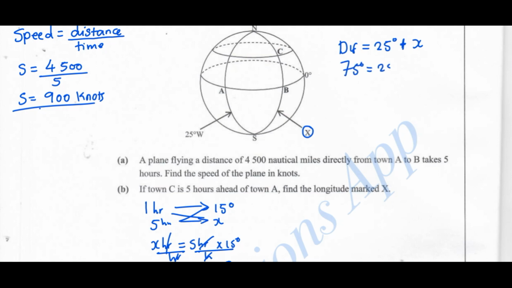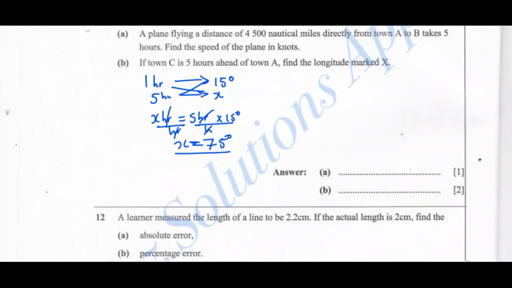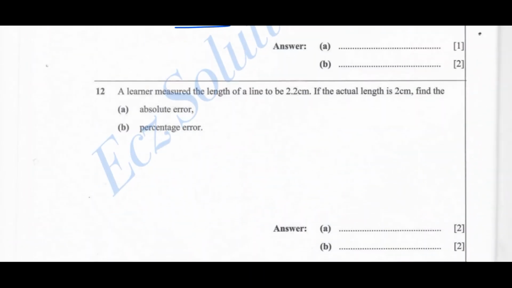So the key point is whenever you have this, you just have to subtract 25 from 75, then we'll be able to find our final answer. So our final answer is just 50. So this means that the longitude for B is 50 degrees. So that if we add 25 plus 50, we are still able to get our difference in longitude, which is that number.